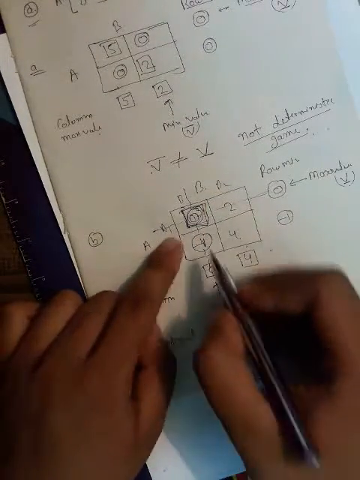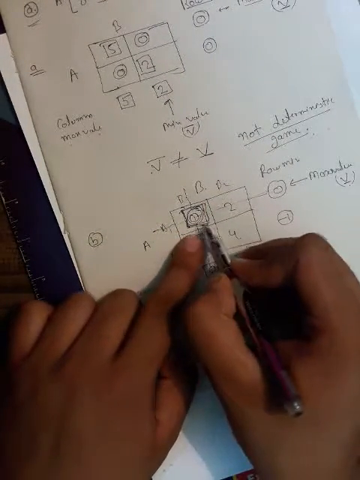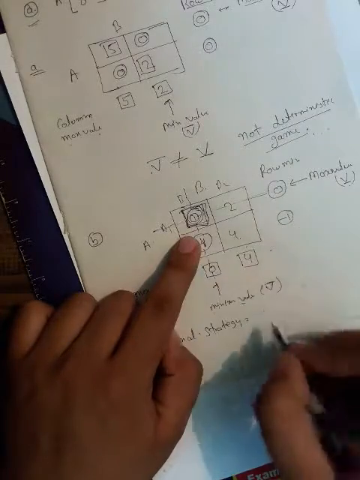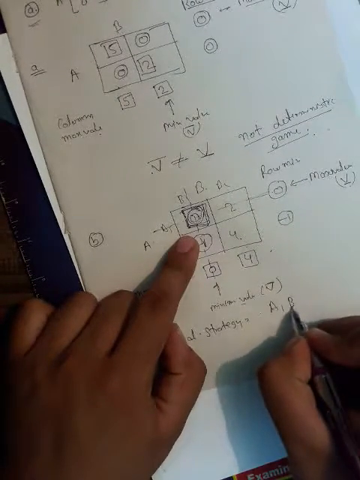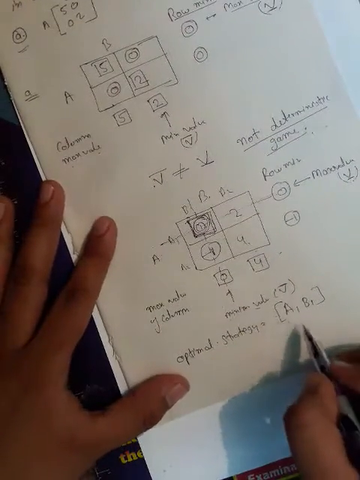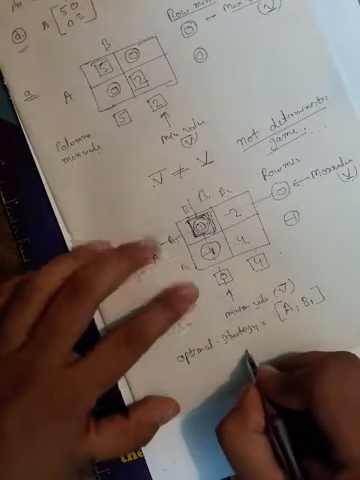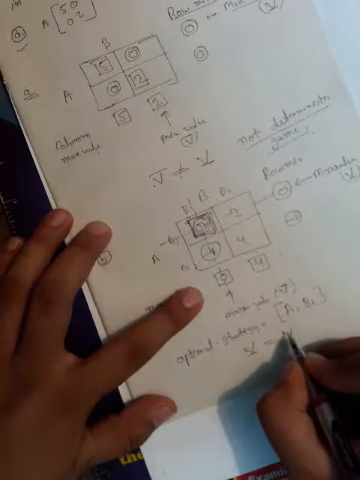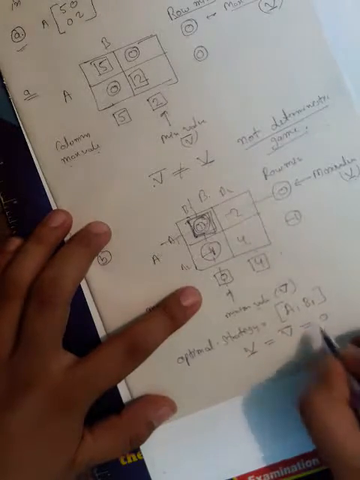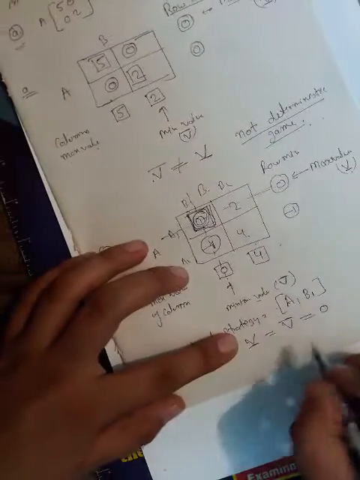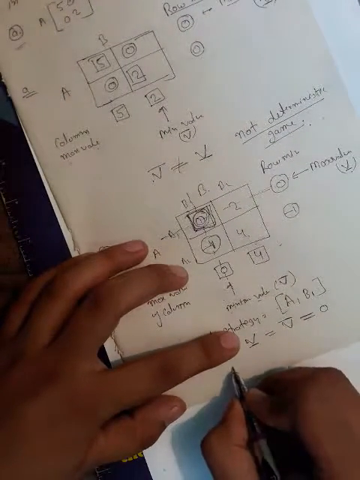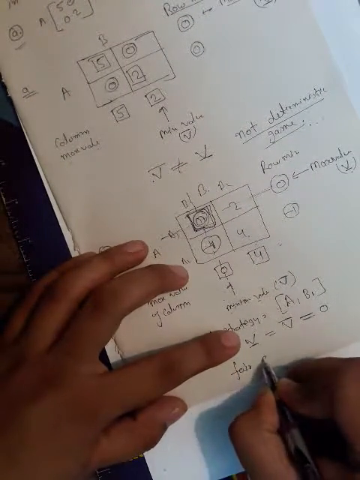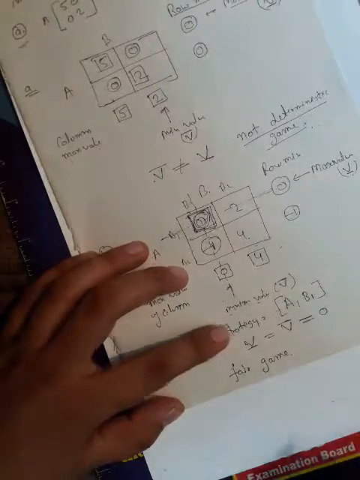So the optimal strategy is the location of this element, which is A1, B1. And since we get the value of the game, V underbar and V bar are both 0, so since the value is 0, it is a fair game.